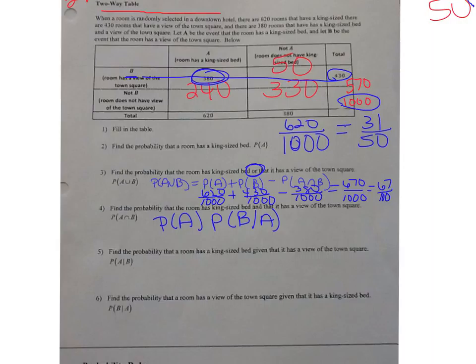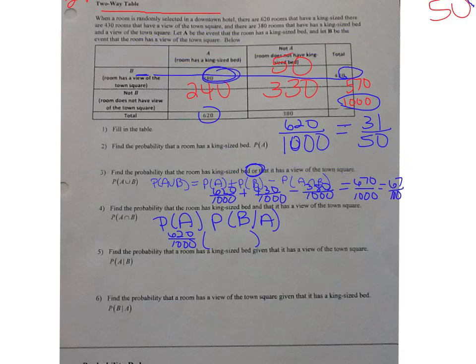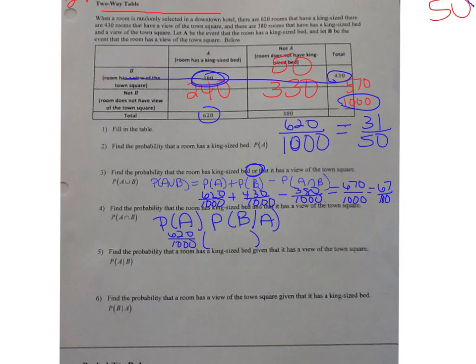Okay, so the probability of A, which is the probability that you have a king-size bed, is 620 out of 1,000, times the probability of B given A. So it's the probability that you have a room with a view, given that it's a king-size bed.